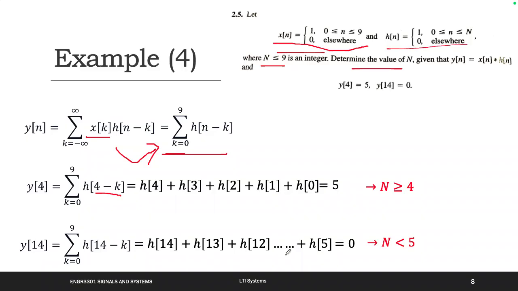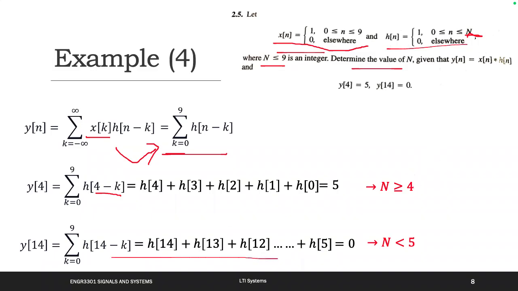Am I right? So do you know why? Since this is our equation for y[n], y[4] equals this one and equals this one. And we know the question gives us that it is equal to 5, which means each h must be equal to 1. h[1] must equal 1, h[3], h[4] must be equal to 1, am I right? Which means the n here must be greater than or equal to 4.